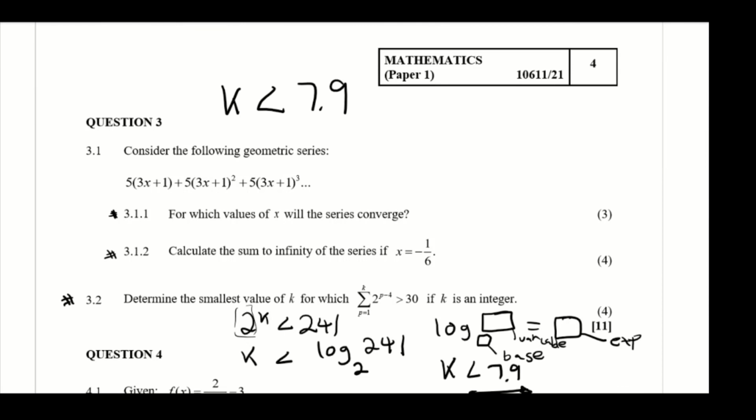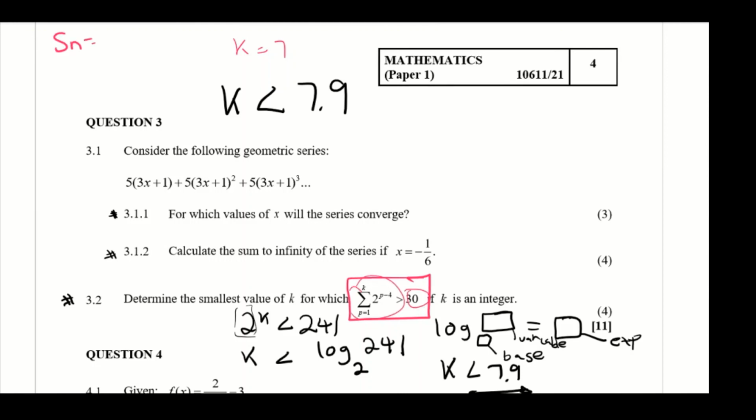It wants solutions of k such that the sum will give you greater than 30. So for you to conclude from here, you can test in your sum formula. You can test for k greater than 7.9, for example. You can say k equals 7 and see if it's going to give you a sum that is greater than 30.